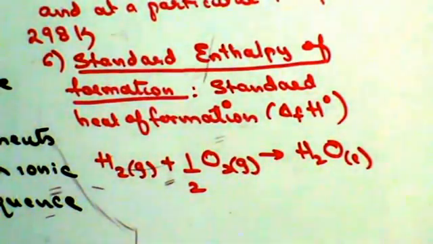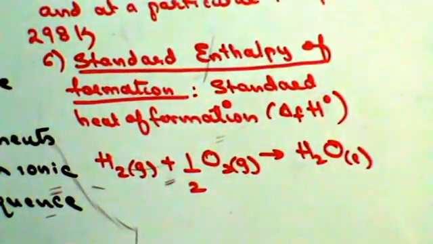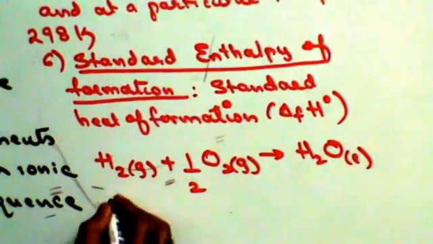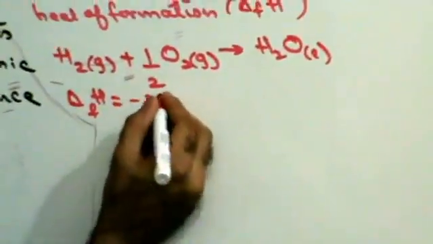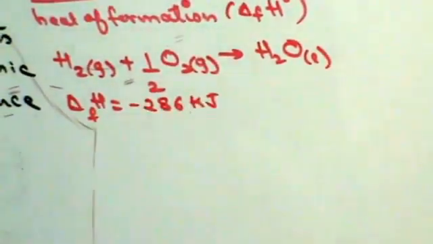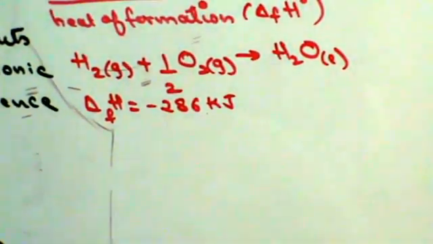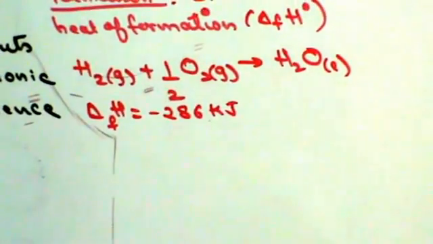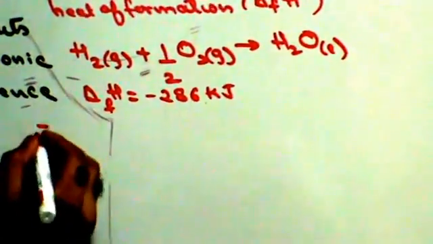So what is heat of formation or standard enthalpy of formation? It is the heat change that occurs in the formation of a compound from its constituent elements, right? Say if I get here, this will be called heat of formation, and that's minus 286.8 kilojoules, or it can be called kilojoules per mole. So do you understand what is heat of formation? Formation of a pure compound from its constituent elements is heat of formation, right? So let's write this down.